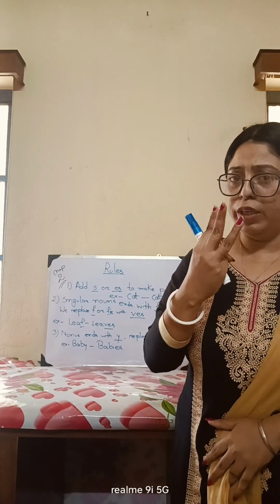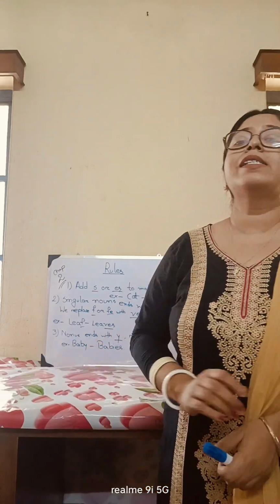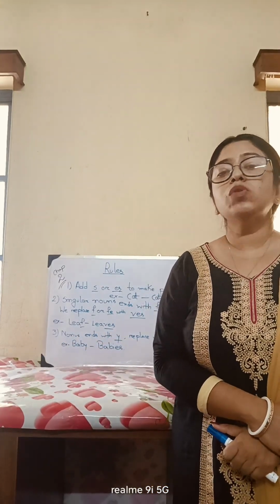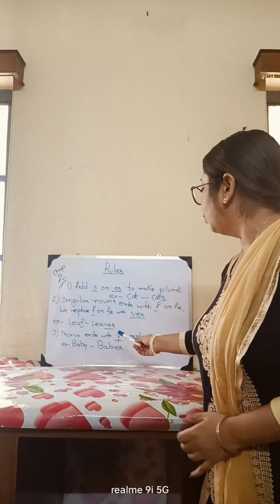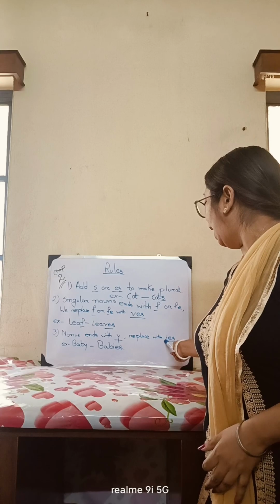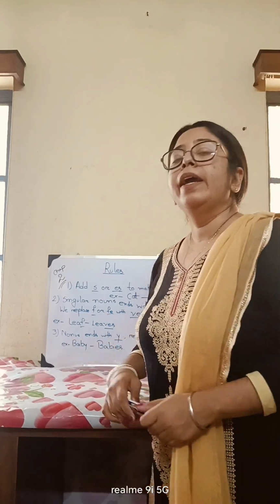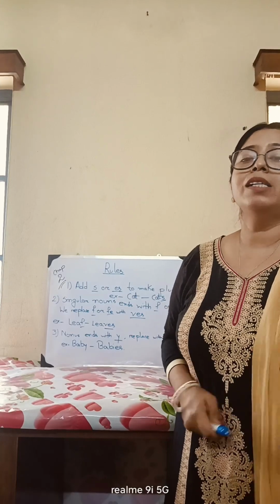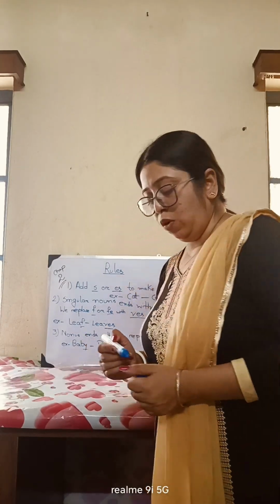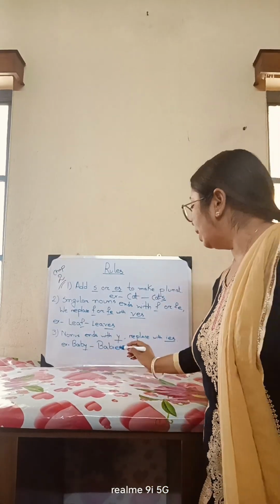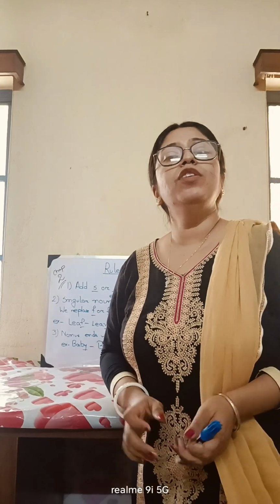Rule number 3: nouns that end with Y. For singular nouns that end with Y, we replace Y with IES. Example, baby. Here we can see that the singular noun baby ends with Y. So we replace Y with IES to make the plural form of baby.